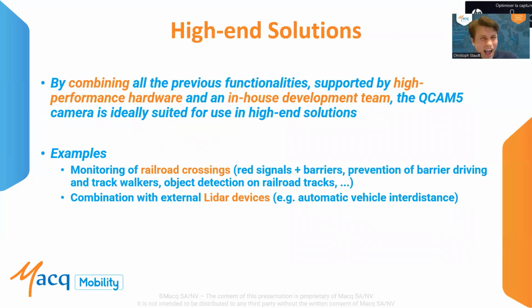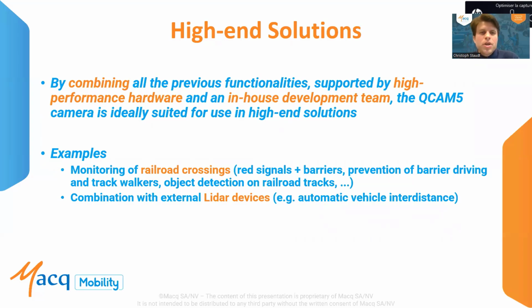So as it is meant for high-end solutions, you can combine all previously mentioned functionalities on one hardware platform, the QCAM5. At the same time, we use very high-end components in this camera to ensure that your needs can be achieved and satisfied thanks to a very high-quality product.